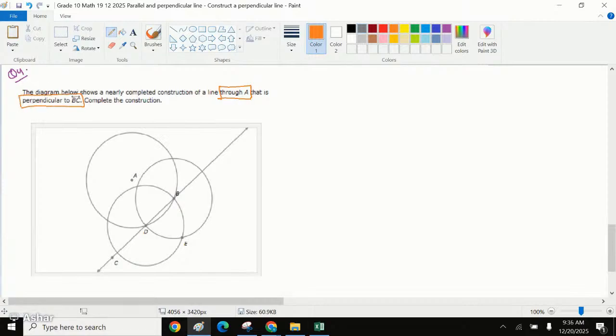So we need to find where is point A, and it is passing through the line B and C, which we can register from here, it's already given in the second line of the question that it is perpendicular to the line B and C. Okay, so what we can do over here is, first thing first, we draw the line B and C, okay, for our reference point.